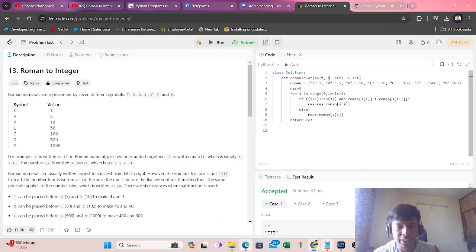Output would be an integer variable. So for i in range 0 to length, suppose, just for example, let us take CMXCVIII. That will be practice.